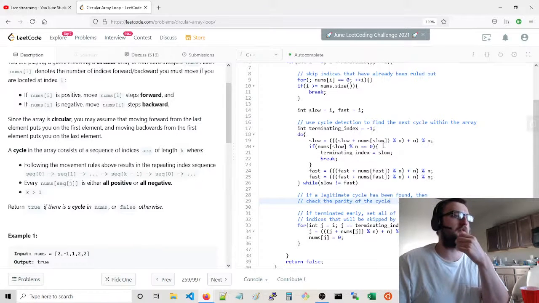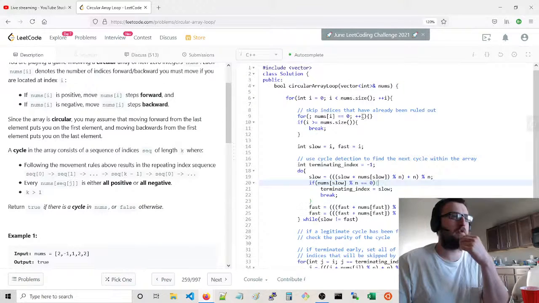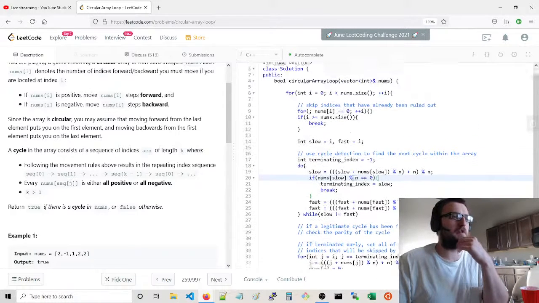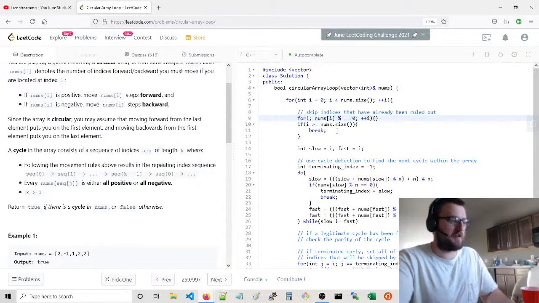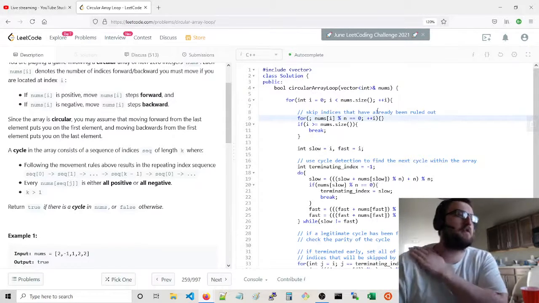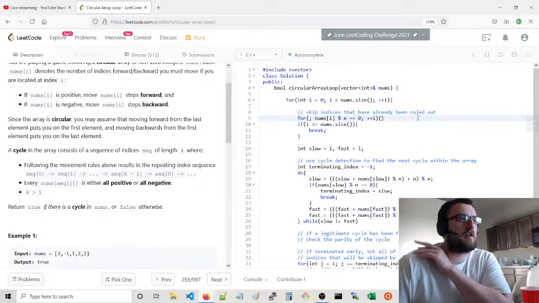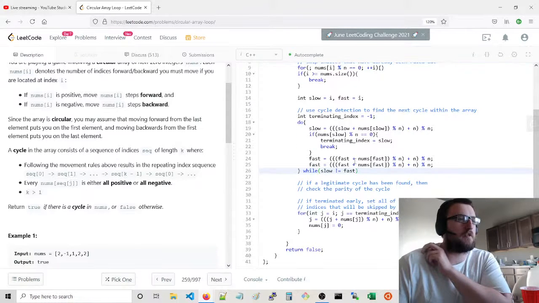Yeah, that's fine, because we'll just end up setting this cycle to 0. And by the way, not just 0, it's actually modulo n is 0. Yeah, confusing. I realize it's confusing.